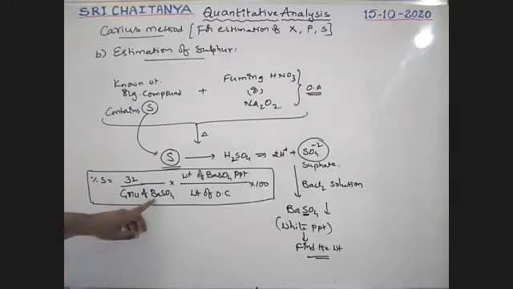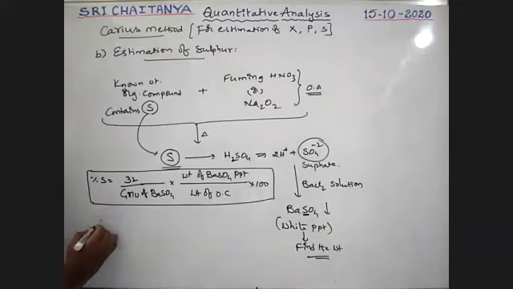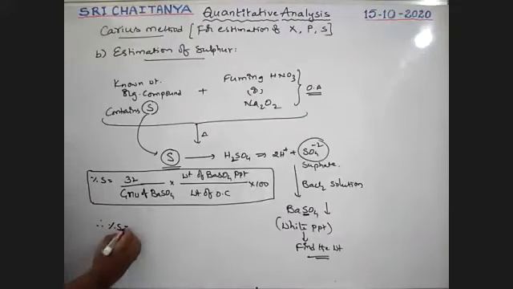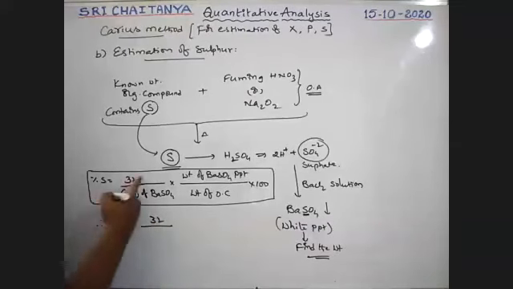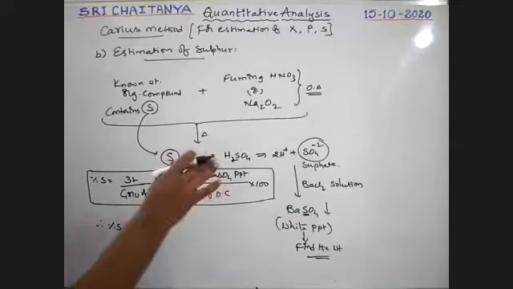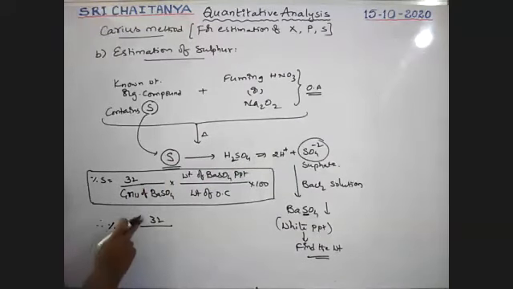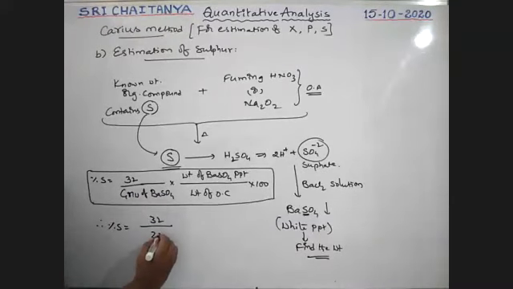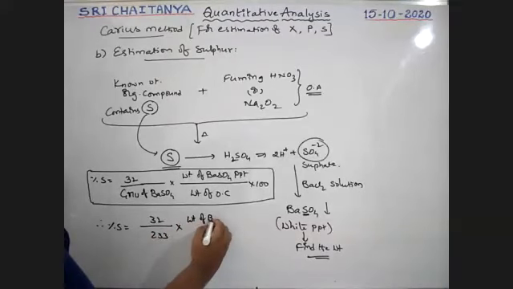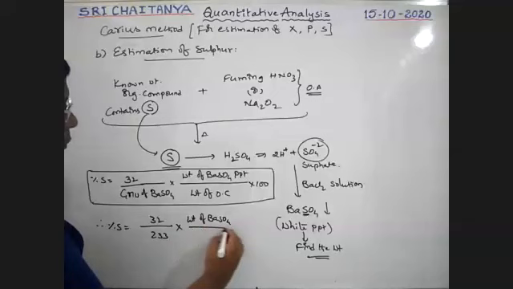Barium atomic weight is 137. Therefore, percentage of sulfur is equal to 32, the atomic weight of sulfur, just as in the previous case we used the atomic weight of chlorine, by barium sulfate, 137 plus 96 is 233, that's correct, into weight of BaSO4 by weight of organic compound into 100.